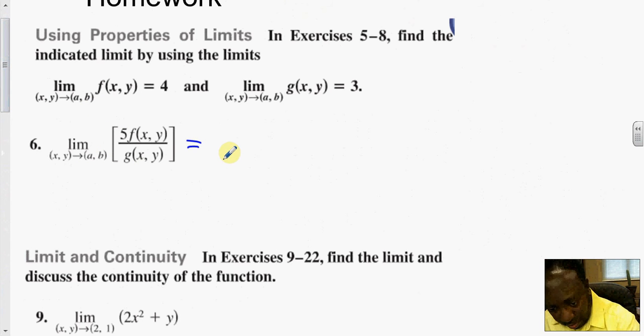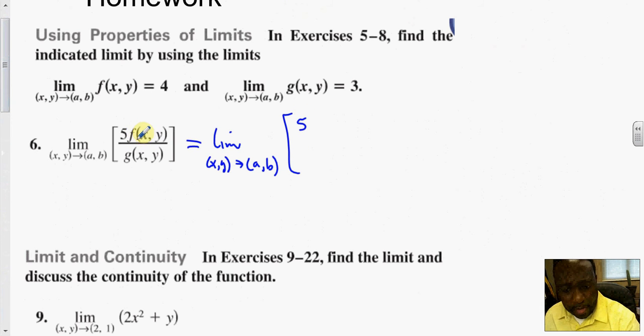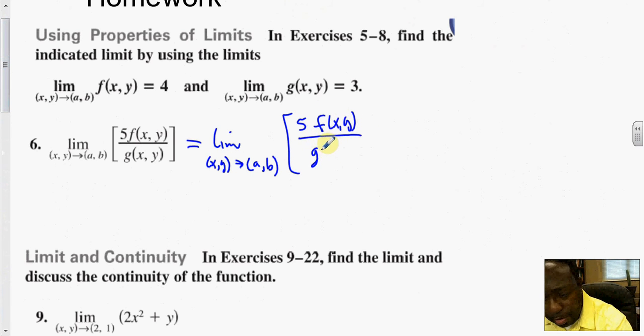So this becomes the limit as x, y approaches a, b of 5 times this function f of x, y divided by g of x, y. We have some neat properties that would carry from calculus 1 to here, and that is that the limit of a quotient is equal to the quotient of the limits.